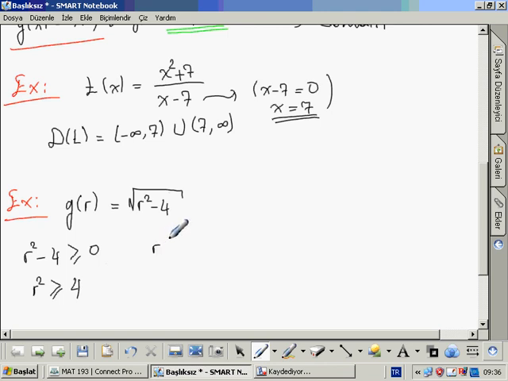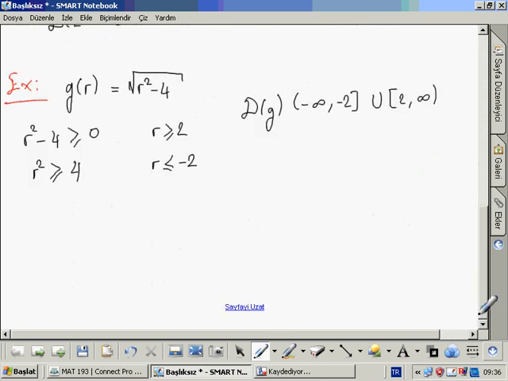Now we can say r is larger than or equal to 2, or r is less than or equal to minus 2. So the domain of g can be written as minus infinity to minus 2 half open interval union 2 to plus infinity set.